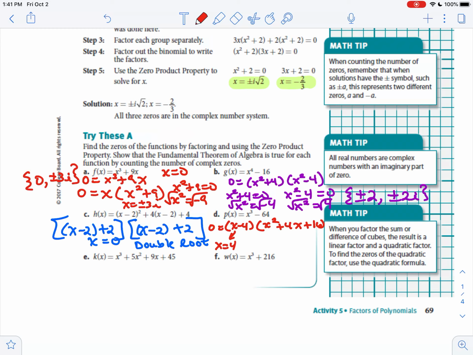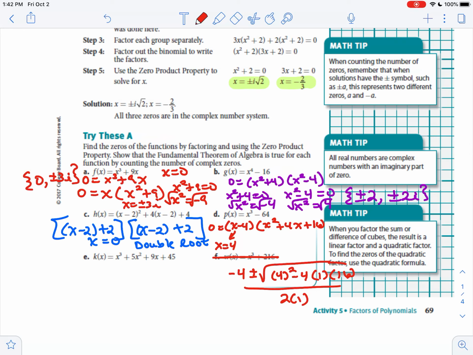And so what we're going to need to do is go in and use the quadratic formula. So I'm going to review that for you a little bit. I'm going to cross off F so that I can show you some space on how to do the quadratic formula. So we need negative b, so that's negative 4, plus or minus the square root of b squared, so that's going to be 4 squared, minus 4 times a, which is 1, times c, which is 16, all over 2a, which is 2 times 1.